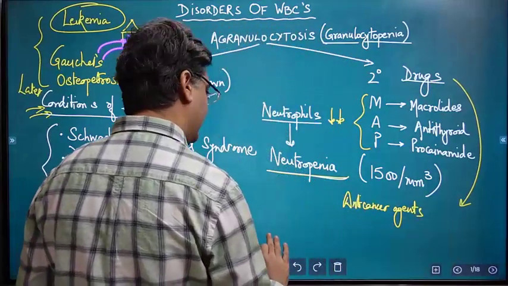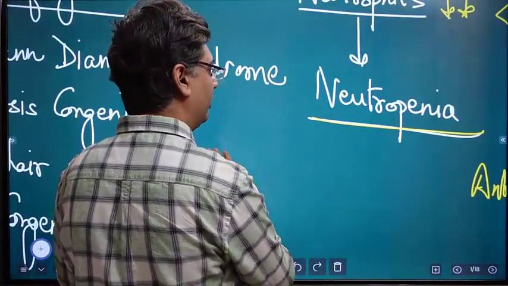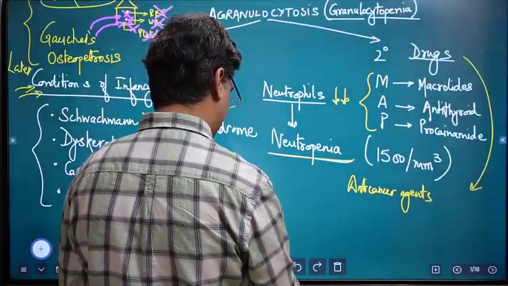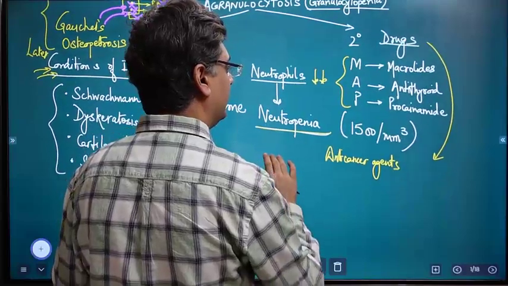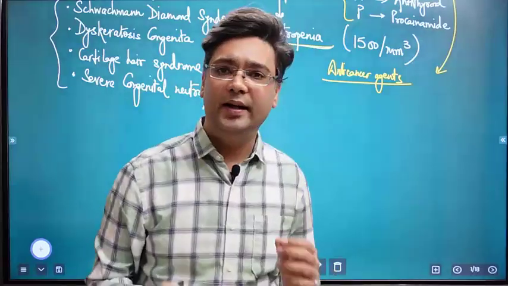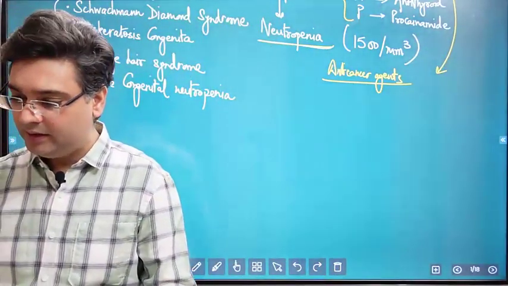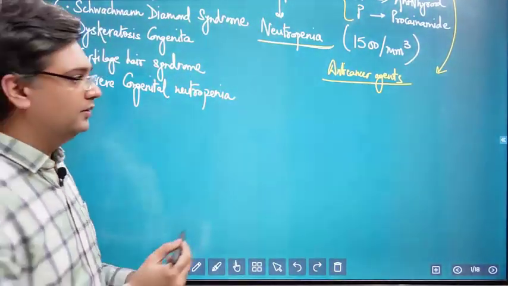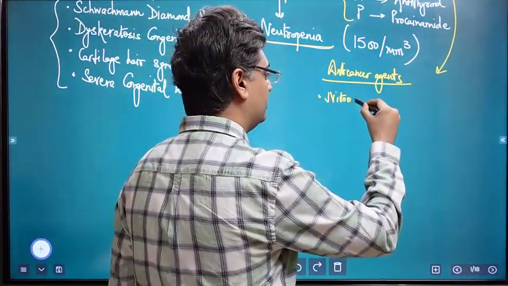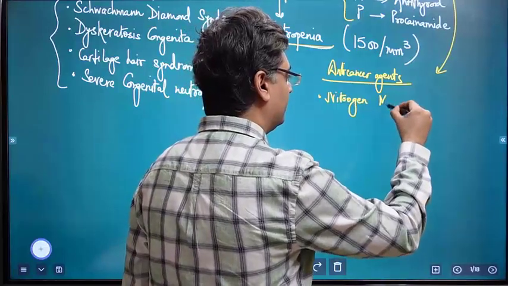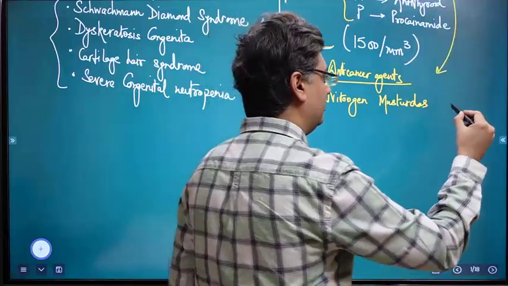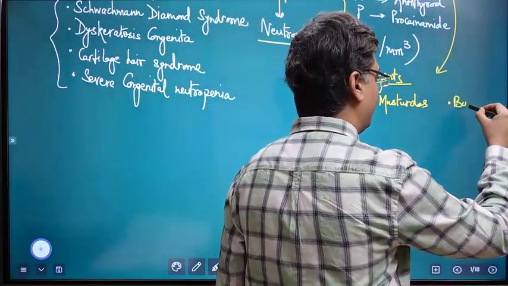So first of all, we will take the board up so that we can write the anti-cancer agents. The anti-cancer agents can be nitrogen mustards, and this can be busulfan.